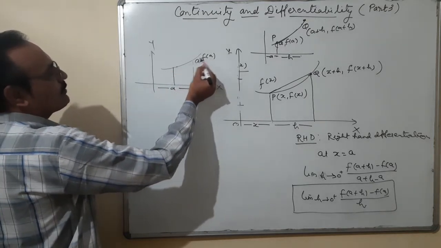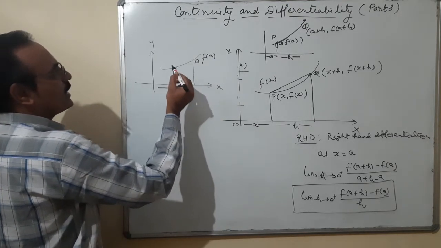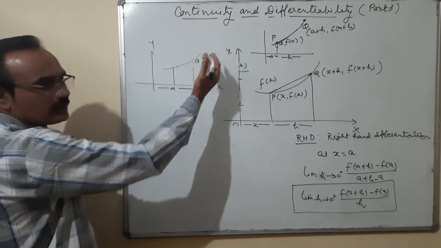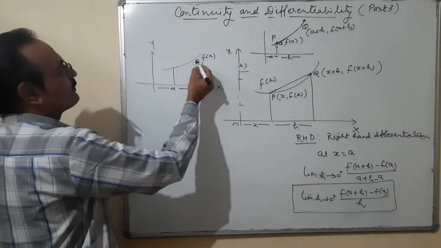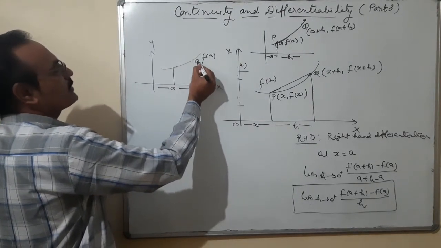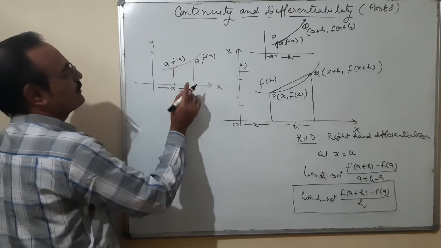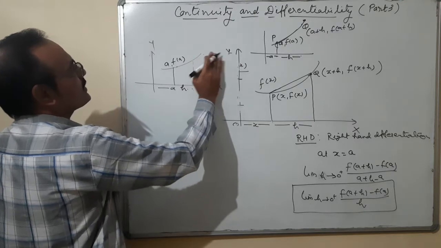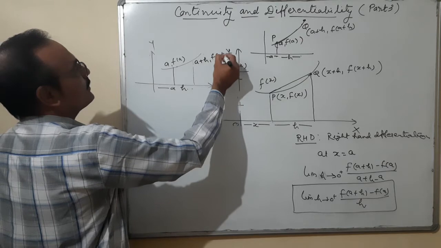So what happened now? Or simply I will write here A, f of A, everything I will write and checking from left to right. Okay, like this. So this is, I will take here A, f of A. Now again having the h difference, this is coming A plus h, f of A plus h.